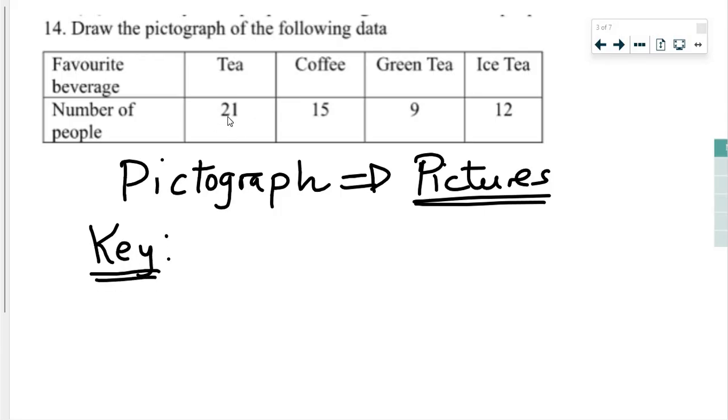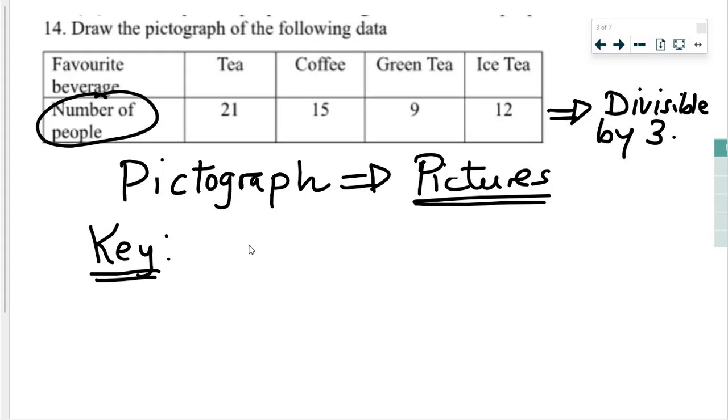If you look at these numbers, 21, 15, 9, and 12, each of these numbers is divisible by 3. Because this data is talking about number of people, I can choose this symbol to stand for 3 people.